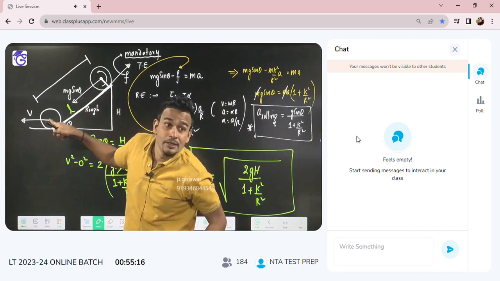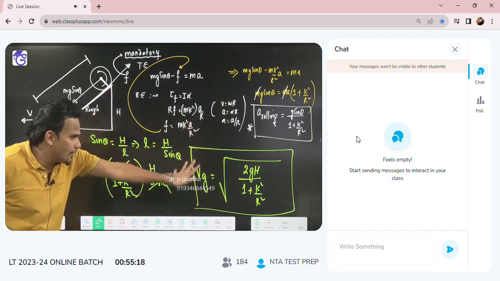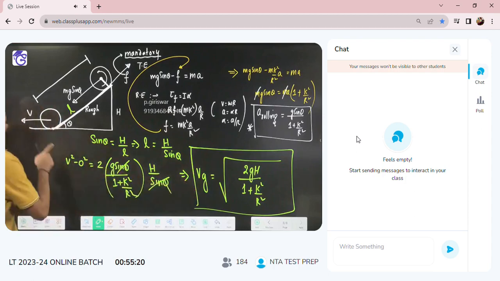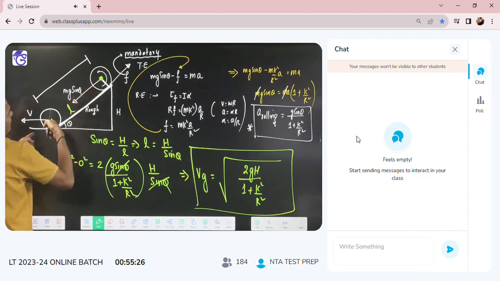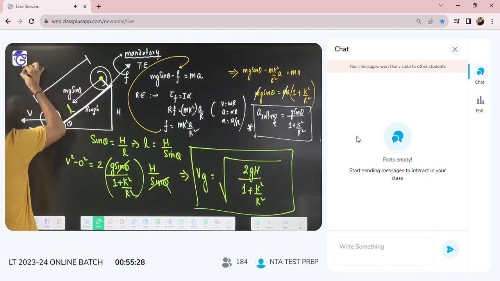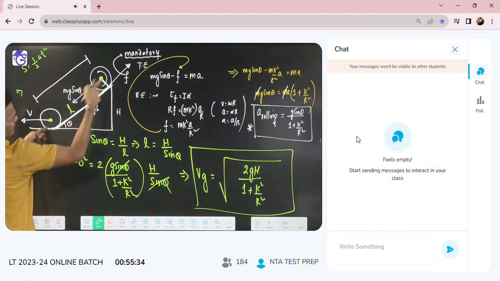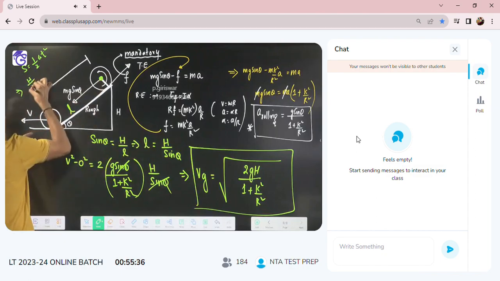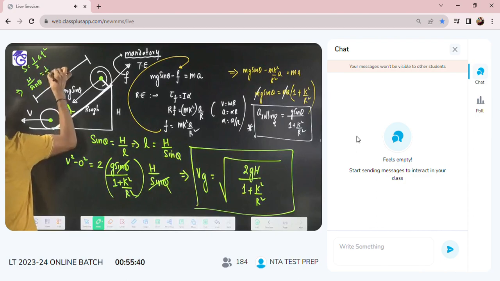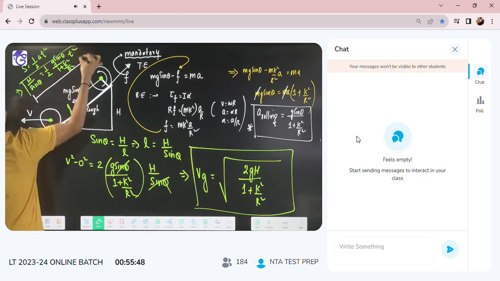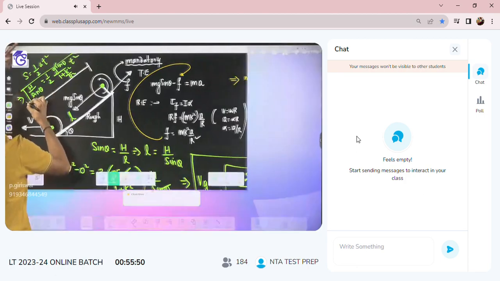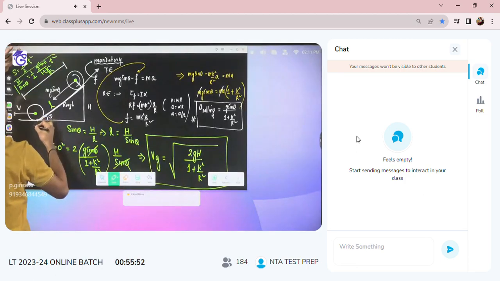When someone asks how much time the body will take, you simply say: S will be equal to half A into T square, since U is 0. The distance S is h by sine theta, equal to half A, and you already know A: g sine theta by 1 plus k square by r square, into T square. So you can find time also with the help of the equations of motion. Equations of motion will give you all the values.